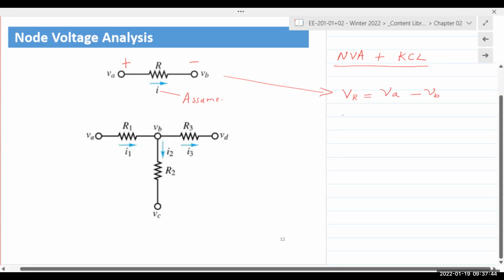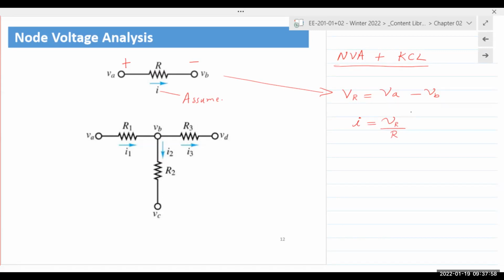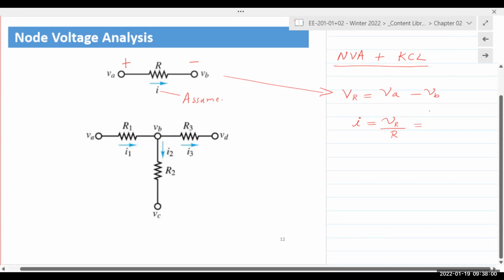Then I apply Ohm's law and I express the current I in terms of that resistor voltage, VR over R. And then you plug in VR in terms of the node voltages.